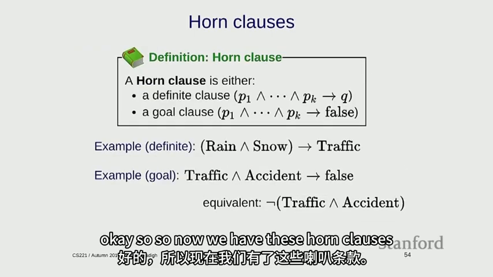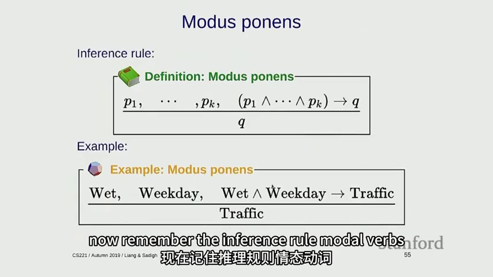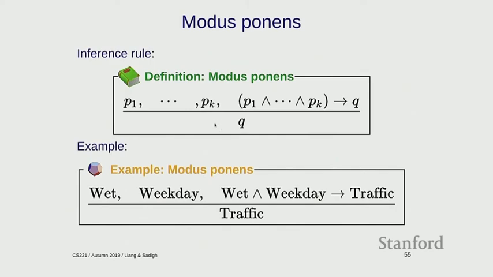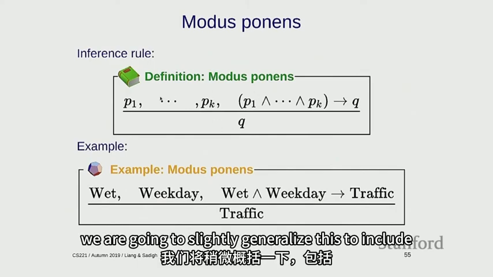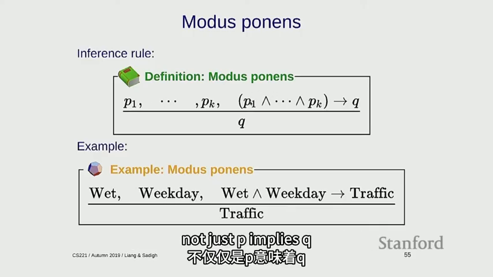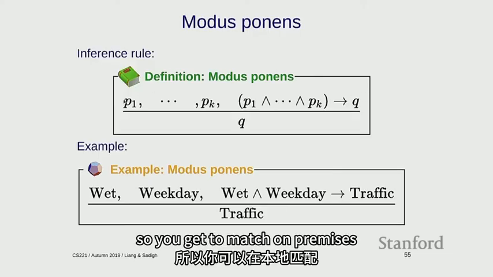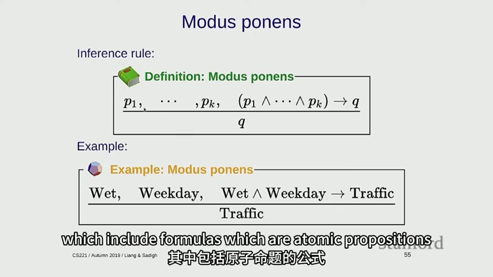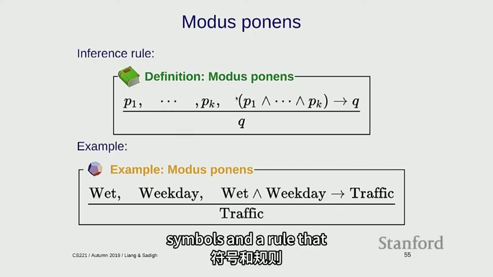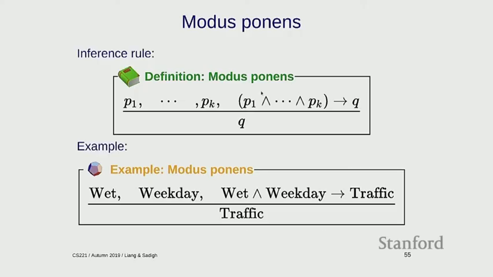Okay, so now we have these Horn clauses. Now remember the inference rule modus ponens. We are going to slightly generalize this to include not just P implies Q, but P1 through Pk implies Q. So you get to match on premises which include formulas which are atomic propositional symbols and a rule that looks like this, and you can derive or prove Q from that.